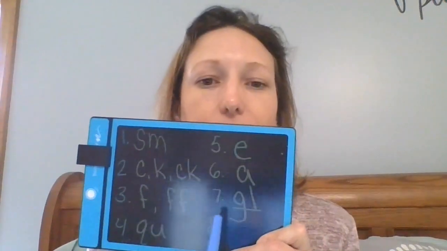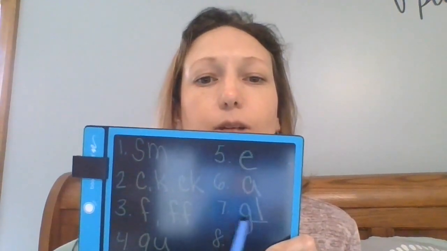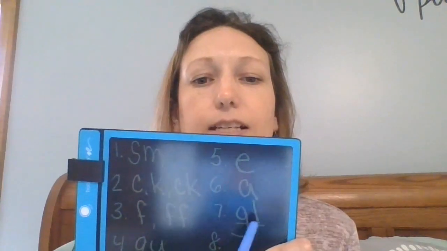Number 7, 1 way to write glad. Glad. 1 way to write the blend at the beginning of glad. Just the blend. Did you write G-L? G-L. Glad. And when I write my G, it needs to hang down.